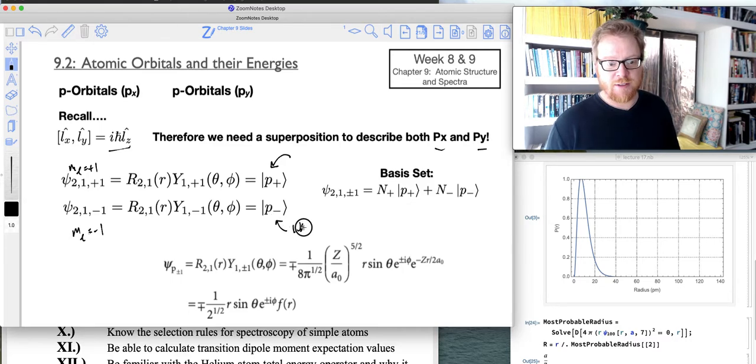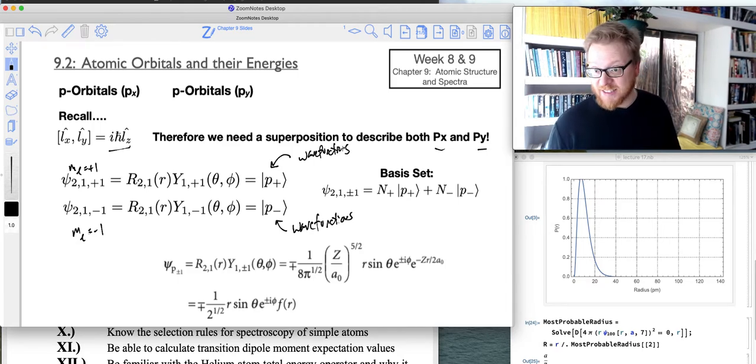So each of these are their own wave functions that are subject to Heisenberg. So we have to make a basis set of them, okay? And again, that's because of the uncertainty that arises in the x and y dimensions. So our basis set becomes psi 2,1,plus or minus 1.